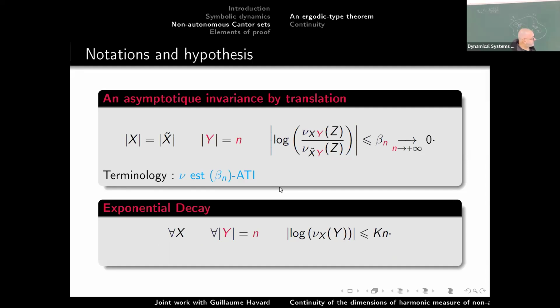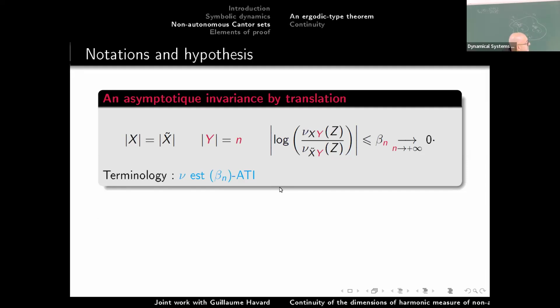Now this is another property. I suppose that K n is doubling. So should this beta depend on x and y? Beta n depends on nothing. You have some sequence, and n depends on the length of y. So when y grows, we obtain some number, and in the limit you obtain something.